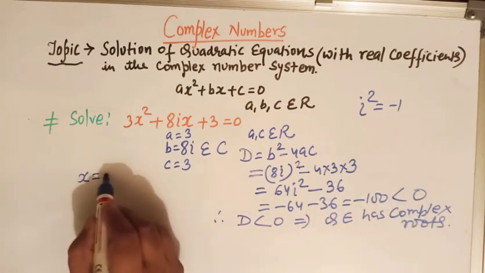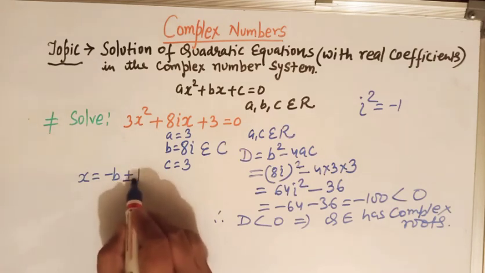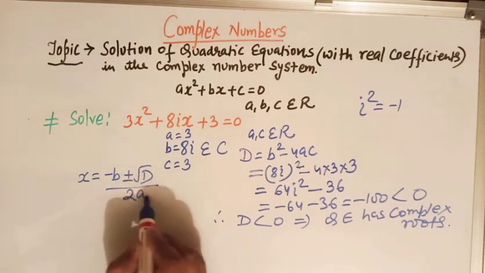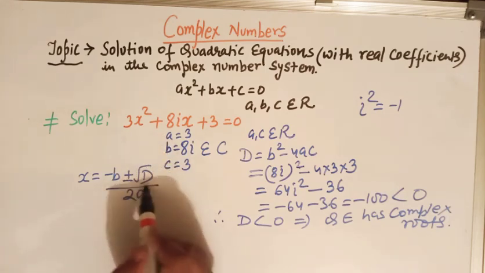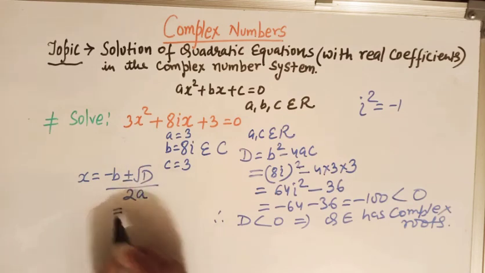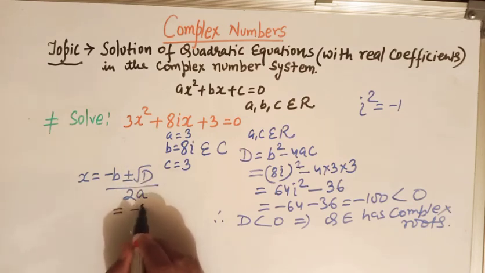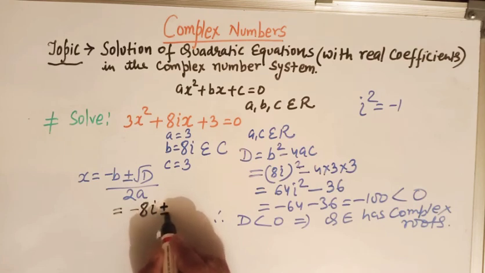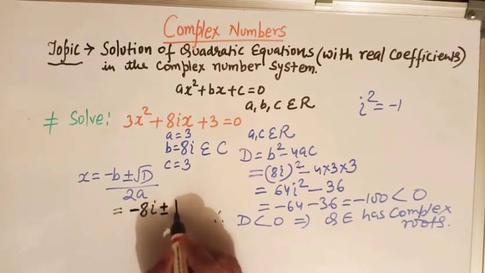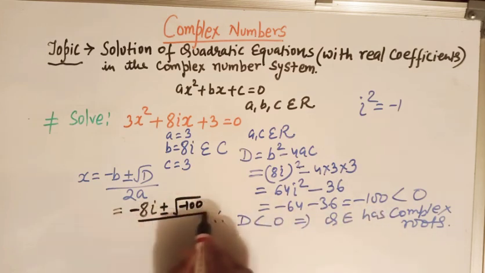So the roots are given by the quadratic formula, and if we substitute the values of a, b and c here, we get minus of 8i, and then we have plus minus here, the square root of minus 100, right? And this is divided by 2 times 3.